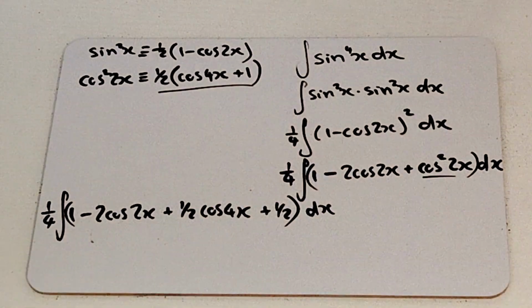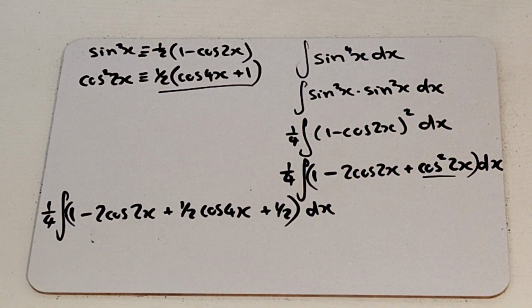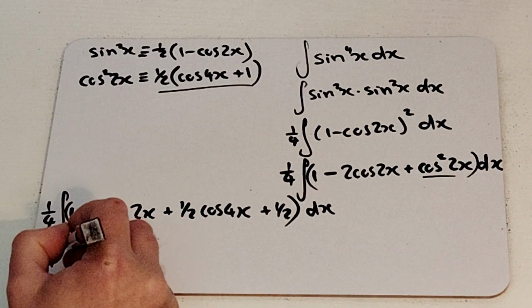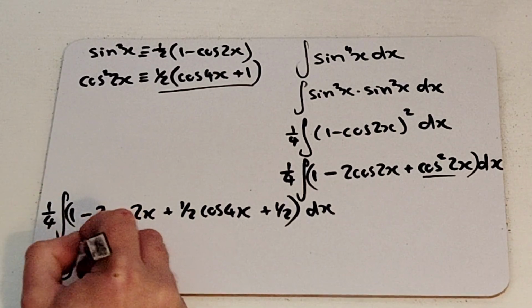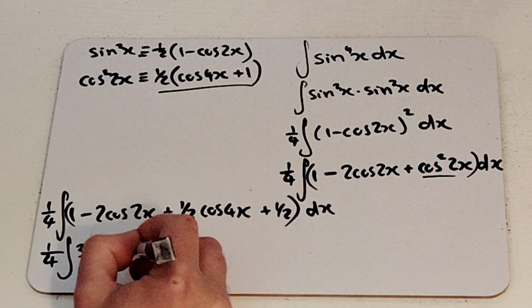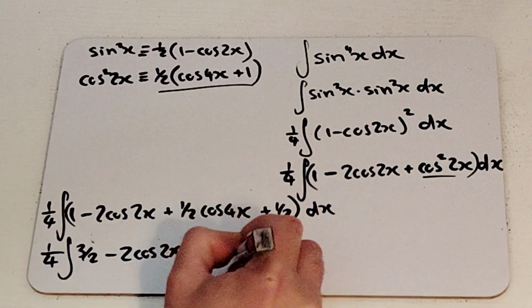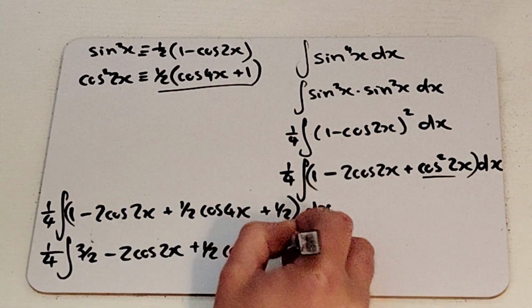I can collect my two numerical terms together, 1 and a half, to get 3 over 2. So my integral becomes a quarter integral of 3 over 2 minus 2 cos 2x plus a half cos 4x dx.